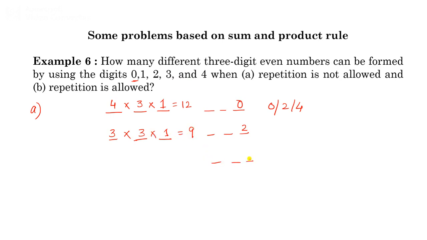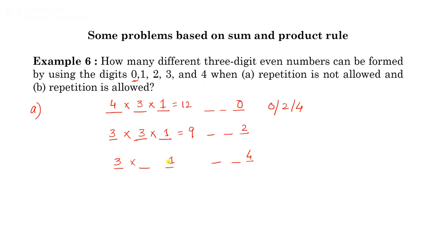Similarly, if we fill the last place with 4, how many choices are there? Look at this, count it. For the last place we have only one choice as we have written 4. Similarly, for the first place, now we have utilized this 4. For the first place we have 0, 1, 2, 3 and we cannot write 0. It means only 3 choices are there for the first place.